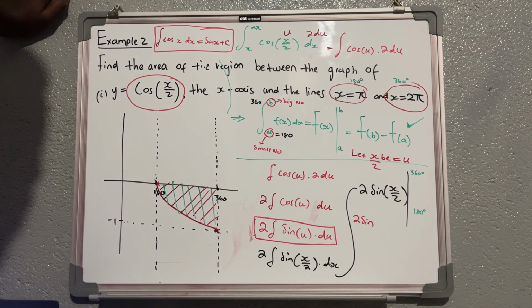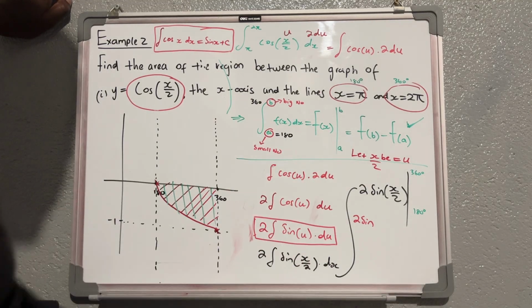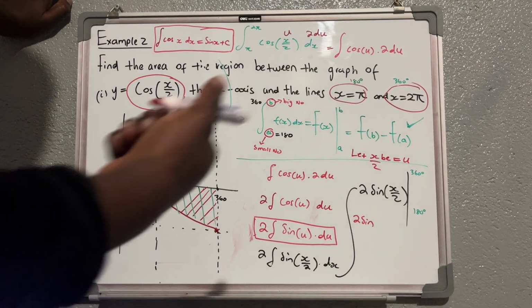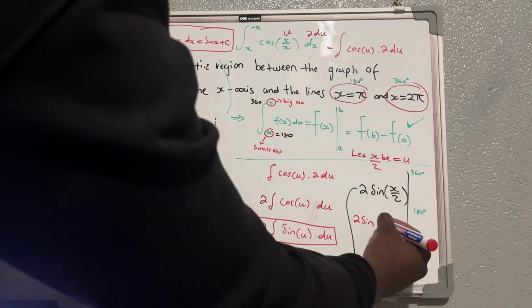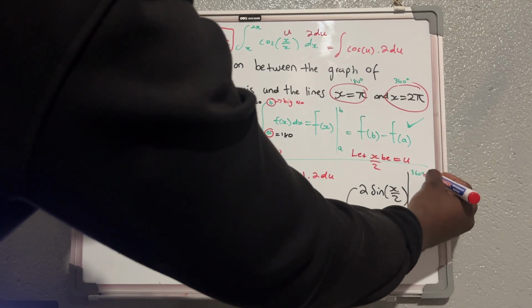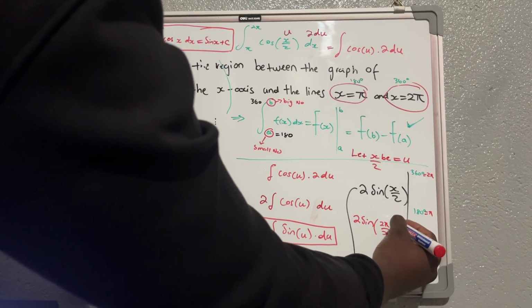I'm going to put my 2 pi or 360. But since we were given the 2 pi and the 360, you can input in that way or this way, doesn't matter. Then you're going to have your 2 pi. Remember, this is equals to 2 pi, then this is equals to your pi over x.